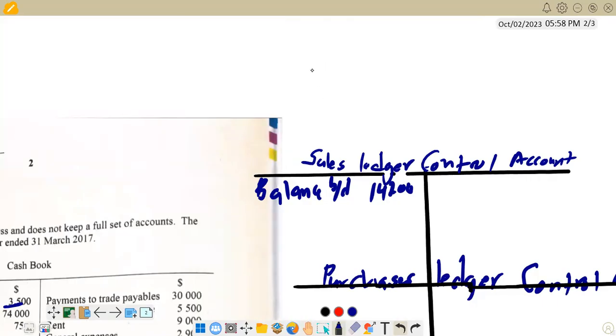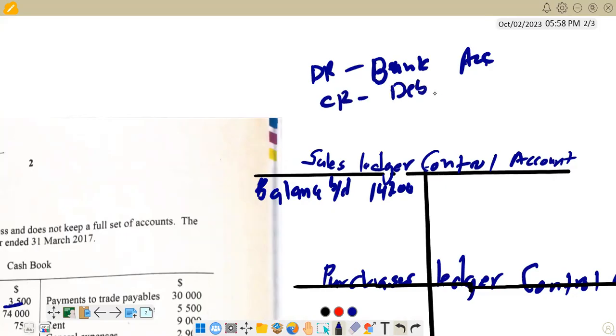Double entry: we debit the bank account because we are receiving money, and then we credit the debtors account to cancel out the amount owing, because the debtor has paid. So what happens is we credit the debtors account.